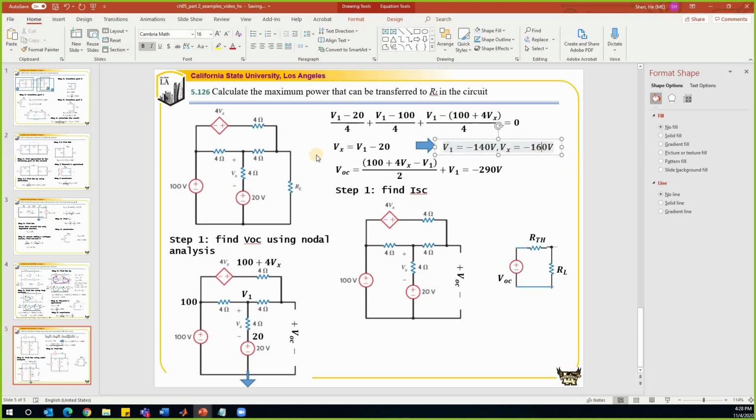So pay attention to the equations. The equations should be correct. Let me verify this to make sure that we have it solved correctly. I think we went over time already.